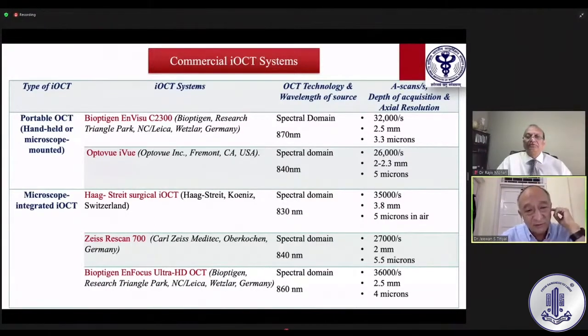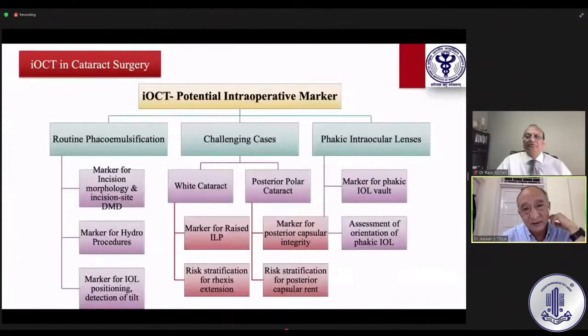I have experience of the Zeiss Rescan 700, and when I thought about how to prepare this talk on customization or intraoperative markers for cataract surgery, I divided this into three classical areas. The first would be routine cataract surgery, routine phacoemulsification. What are those areas where IOCT will help us in customization of our surgery?